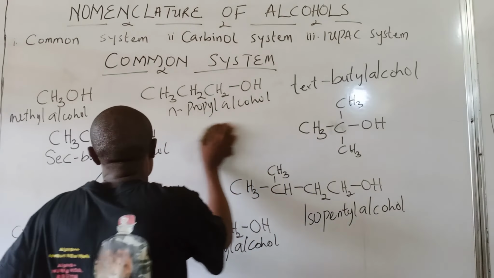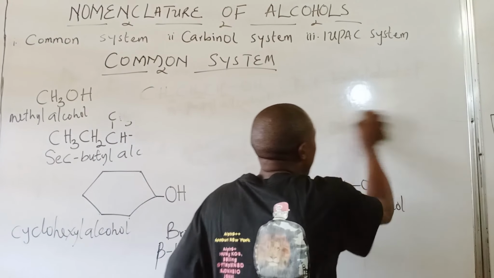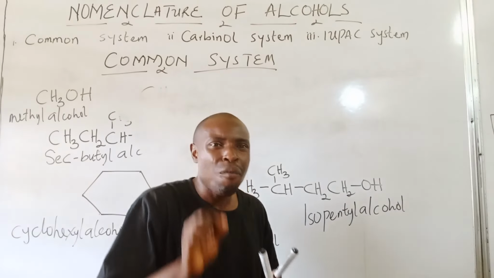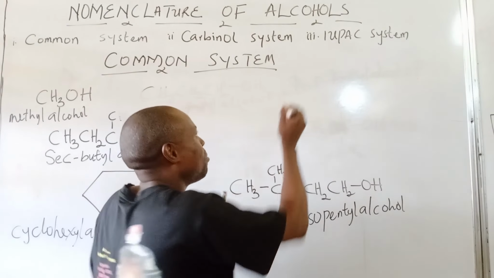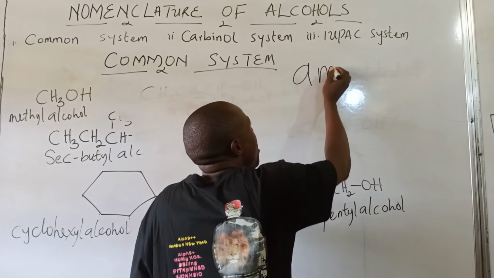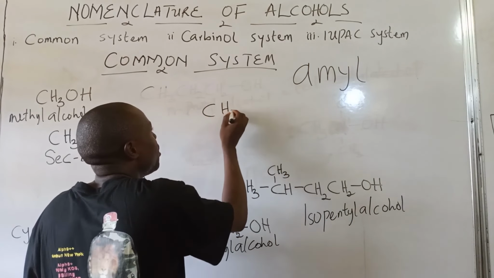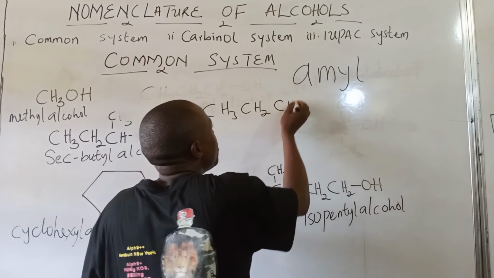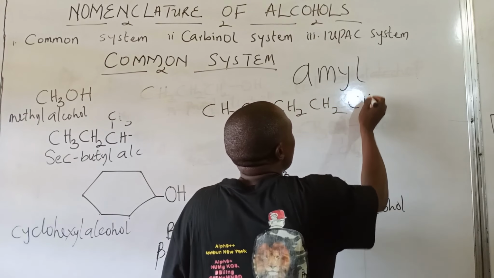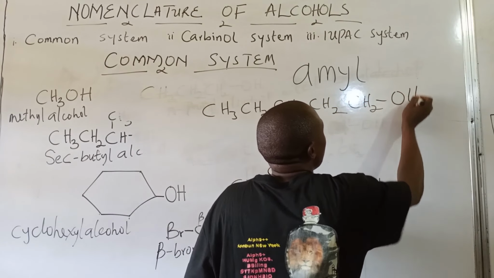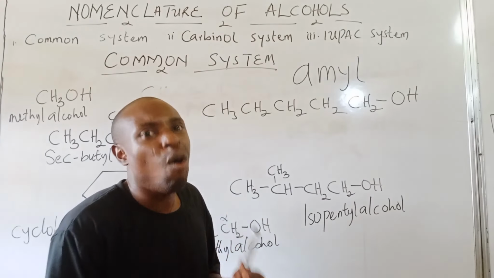It will interest you to know that for the five-carbon alkyl group, the old name was amyl. So let me clean the board so that we have enough space. The other name for the five-carbon alkyl was amyl, spelled A-M-Y-L. So if I am having something like this, CH3, CH2, CH2, CH2, 1, 2, 3, 4, 5, with OH, you don't need to say pentyl alcohol.